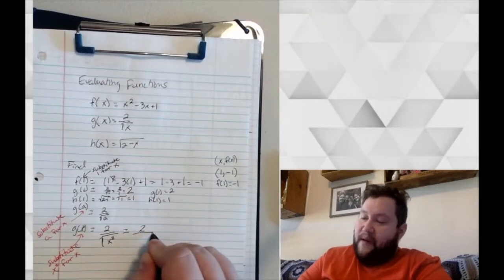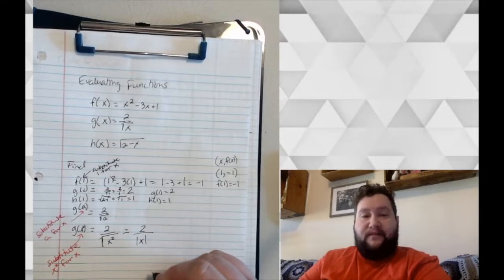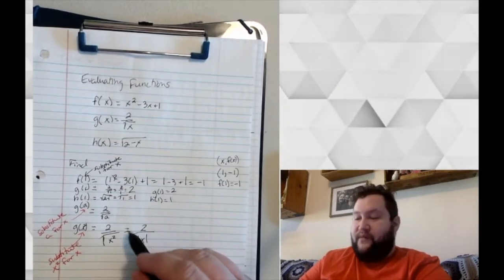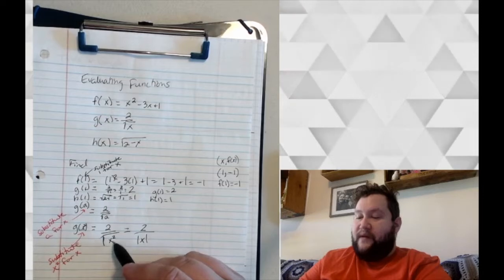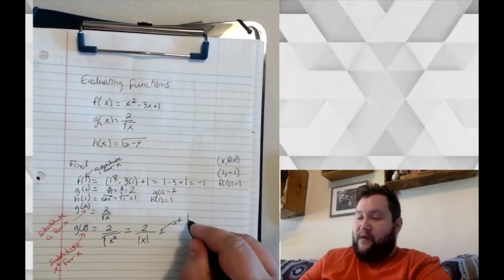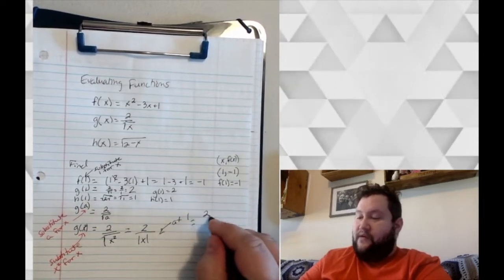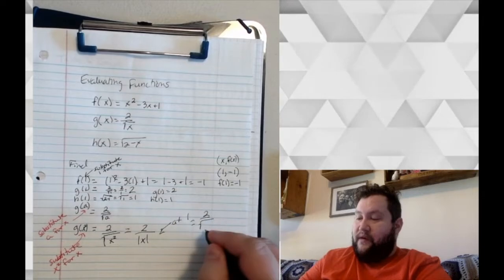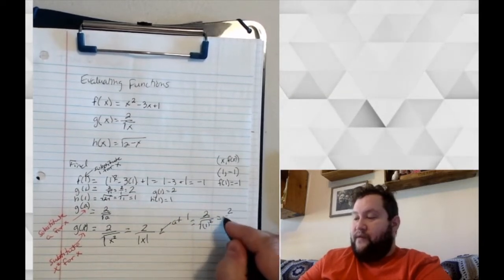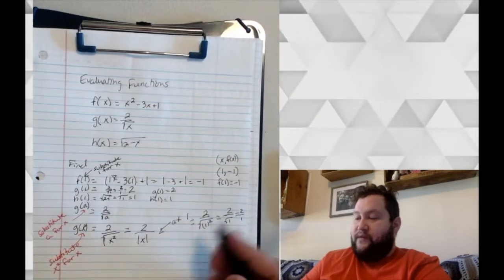And there's a special property of when we take the square root of a squared. That gives us our absolute value. So for example, suppose now I wanted to find this at 1. We get 2 over the square root of 1 squared, 2 over the square root of 1, 2 over 1, or 2.